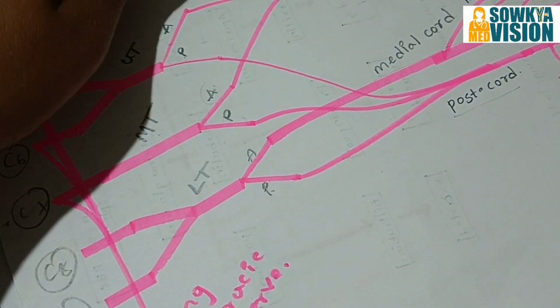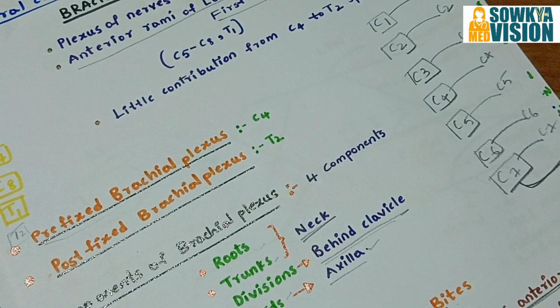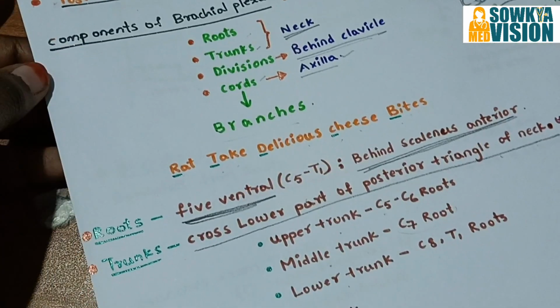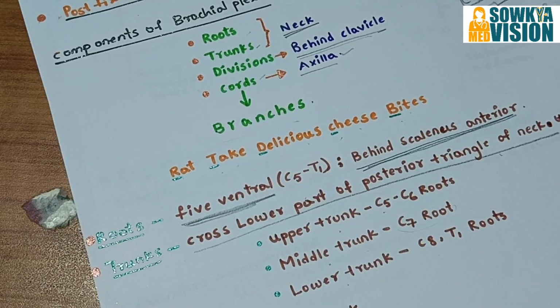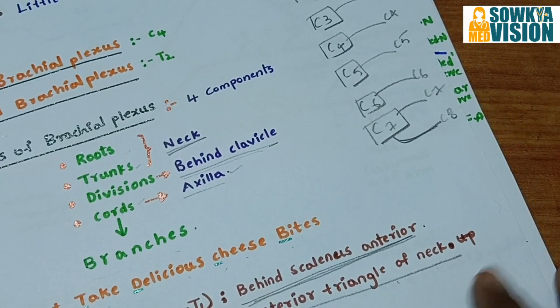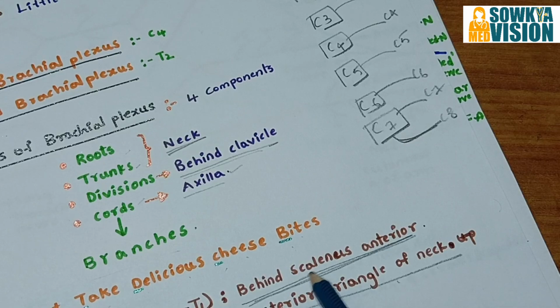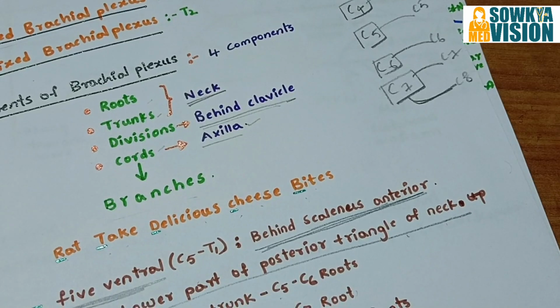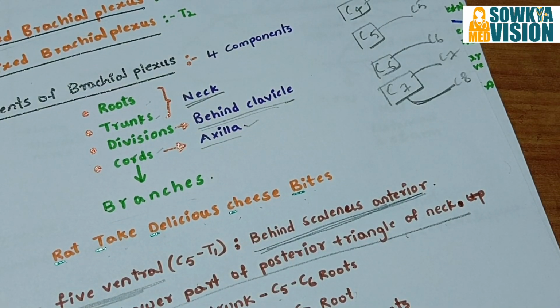Now let's see in the description. As I said, there are 5 roots. What are the 5 roots? C5, C6, C7, C8 and T1, right? Now, these are presented behind the scalenus anterior and trunk. How many trunks we have discussed? There are 3 trunks: upper trunk, middle trunk and lower trunk.